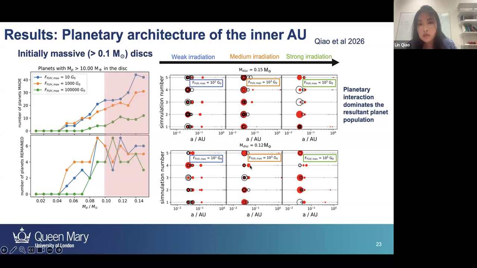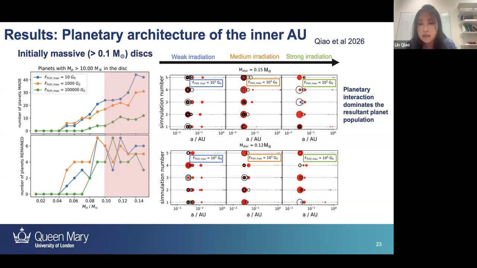From these two more initially massive disk cases, you can see that although more planets are formed in the weakly irradiated environment on the left-hand side, more of them are also later on lost, as we just mentioned, so that there is practically no discernible, statistically significant difference between the populations in disks exposed to weak or strong radiation environments.